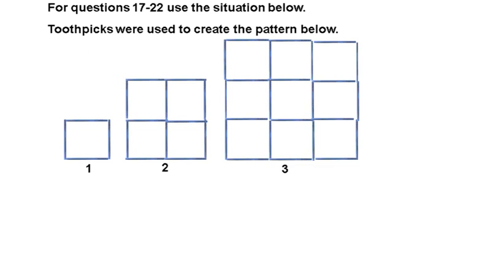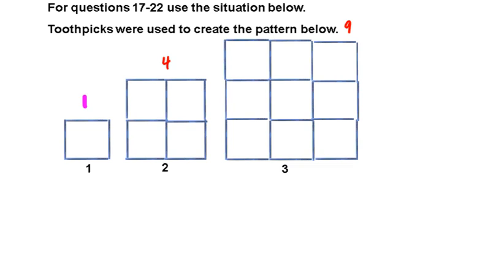Okay, toothpicks were used to create the pattern below. So you have input of 1. So our area of this shape here is going to be 1. Our area of this other shape with 2 pigs is going to be 4. You see 4, and then for this one here, we have 9.